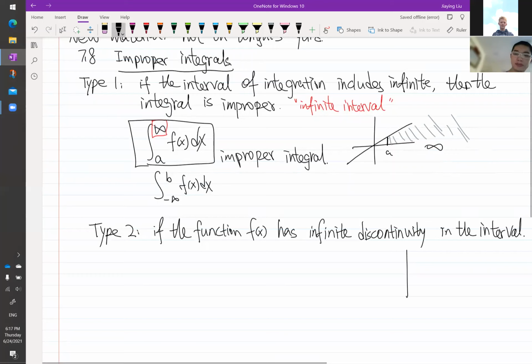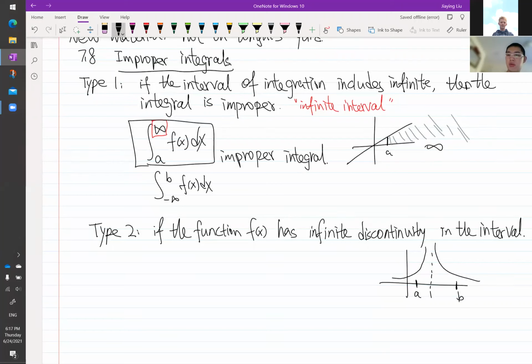The second case is that you have some function. Let's say we're looking at the interval from a to b, but the function between them looks like this. Right between a and b, in the middle, you have this infinite discontinuity. The function goes to infinity or negative infinity, right?